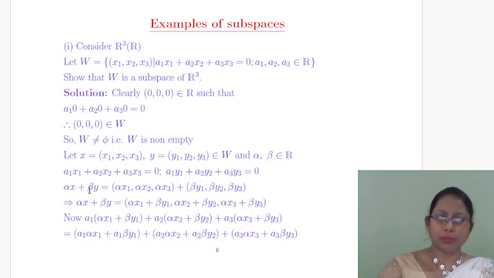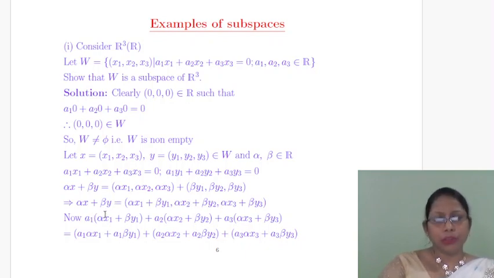Now alpha x plus beta y will be alpha times (x1, x2, x3) plus beta times (y1, y2, y3). Then it will be (alpha x1, alpha x2, alpha x3) plus (beta y1, beta y2, beta y3). Then the sum will be the element-wise sum, alpha x1 plus beta y1, and the remaining two elements can be obtained similarly.